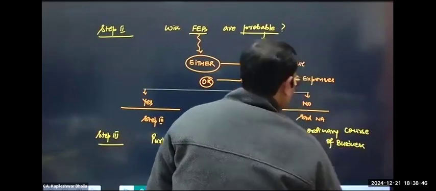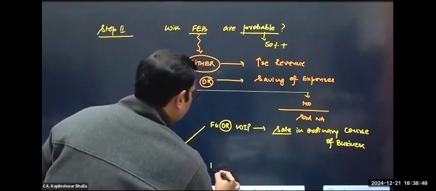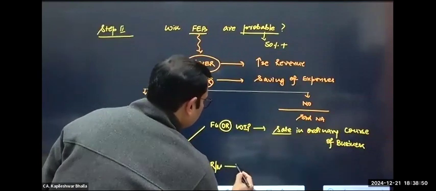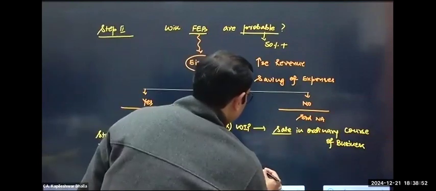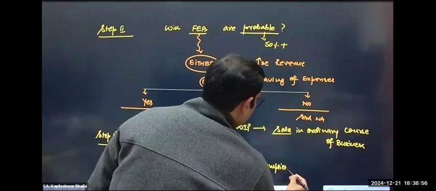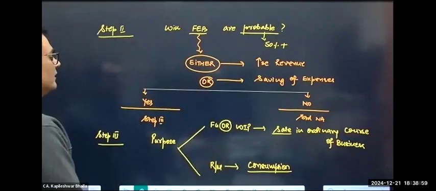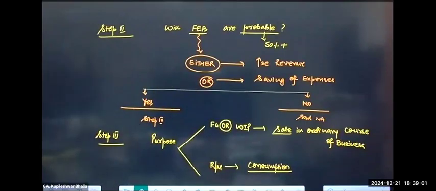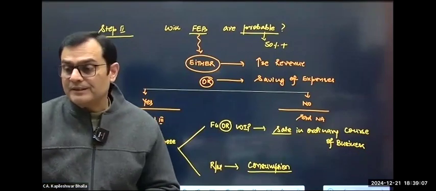If it is a case of raw material, then the purpose will be consumption. So the purpose will vary according to the nature of the item. If it is FG or WIP, the purpose is sale, and if it is raw material, then it is consumption.